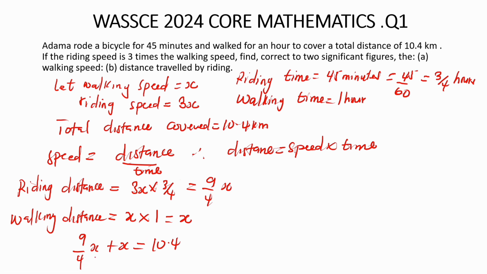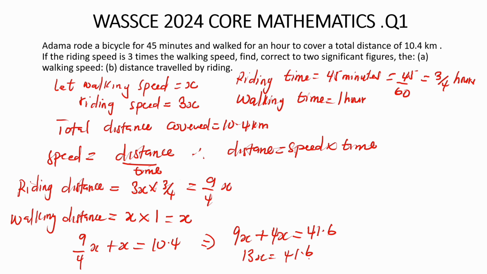We multiply 4 by each term, and so we derive 9x plus 4x is equal to 41.6. That is when we multiply 10.4 by 4. 9x plus 4x, this is going to be 13x is equal to 41.6.